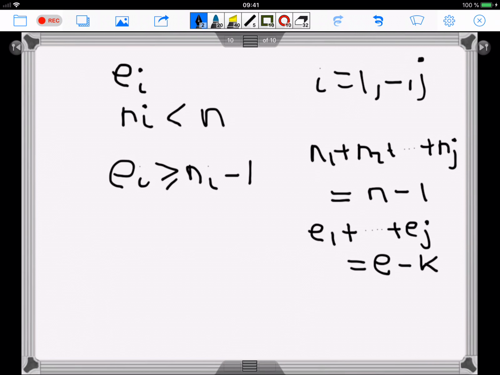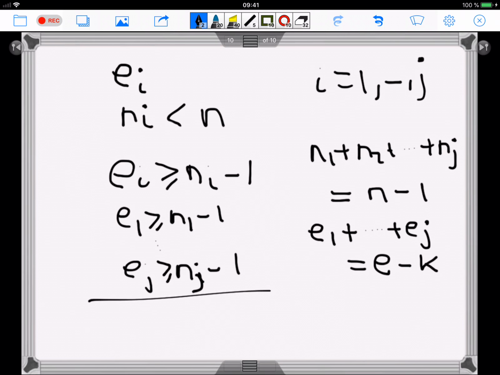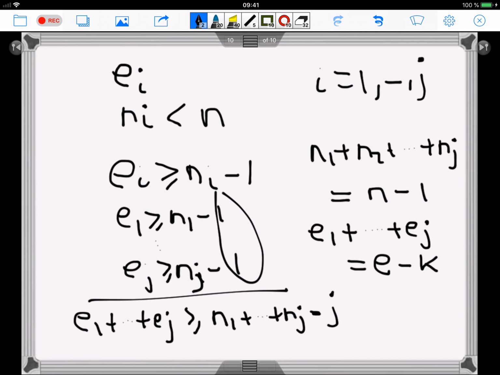Okay, so if we sum up all these inequalities, we have this inequality for 1, for 2, and for j. If we sum up everything, then here we have the sum of the e's up to j, which is greater than the sum of the n's up to j minus j, right? Because these ones are also summed up, and we have j of them.